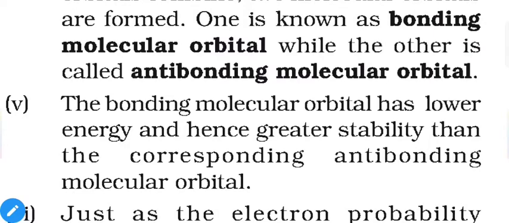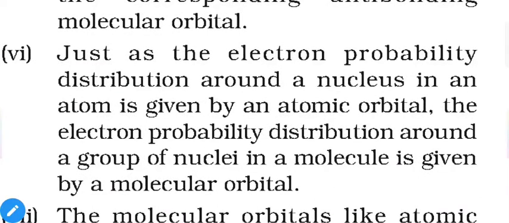Fifth point, the bonding molecular orbital has lower energy, hence greater stability, than the corresponding anti-bonding molecular orbital. Just as the electron probability distribution around the nucleus in an atom is given by the atomic orbital, the electron probability distribution around a group of nuclei in a molecule is given by the molecular orbital. So that is the definition of an orbital.